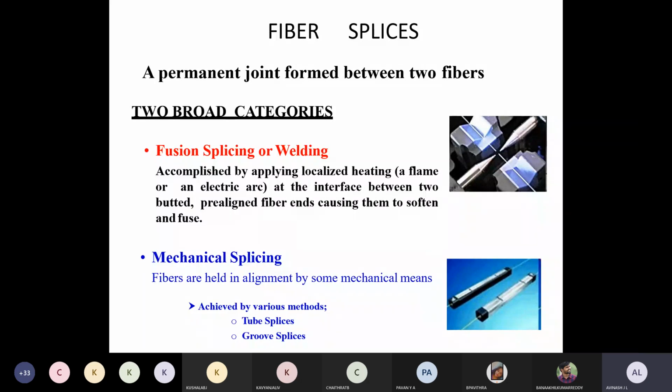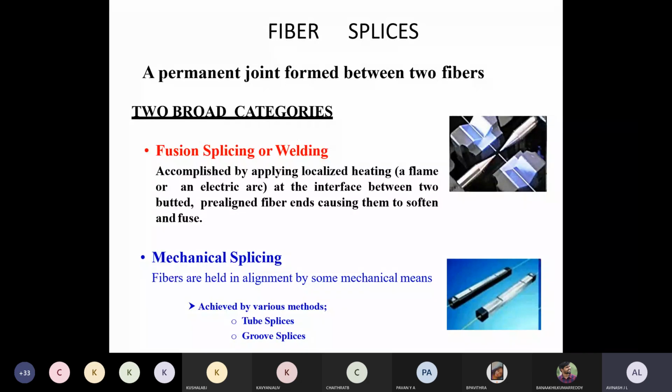Mechanical methods means we are just holding them. Tube splices means there will be a tube-like structure, and we insert the optical fibers from either end. That tube will join the fibers and hold them permanently.